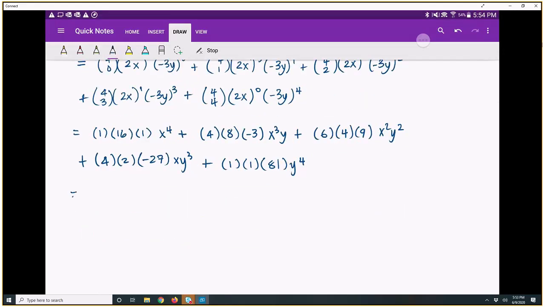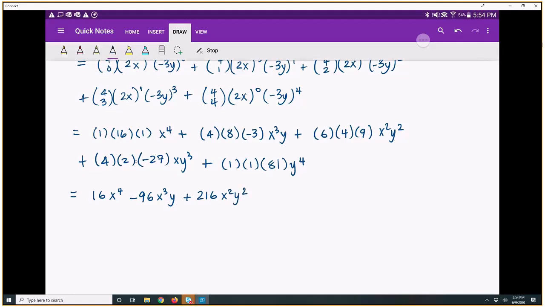So finally, multiplying the coefficients, I have 16x to the power 4. 8 times negative 3 is negative 24 times 4 is minus 96. Minus 96 x cubed y. Then 6 times 4 times 9 is plus 216 x squared y squared.